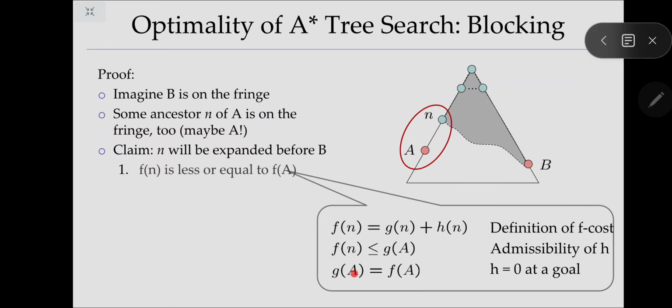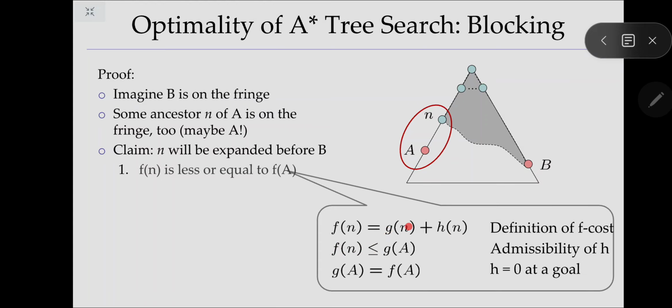Now, H is admissible. Because of admissibility of H, the value of Ga is greater than or equal to Fn, because in the Fn you have two parts, Gn and Hn.